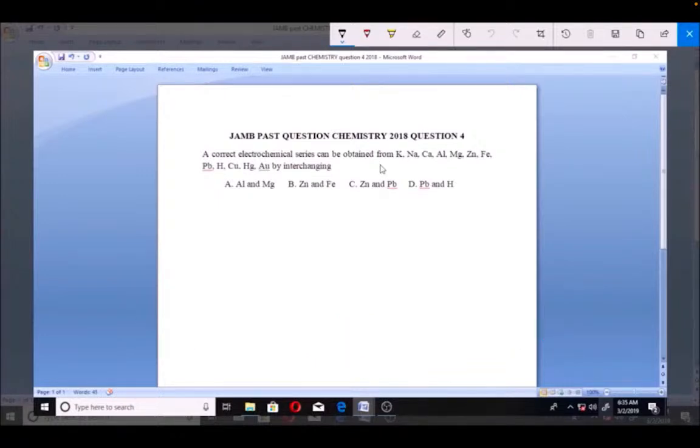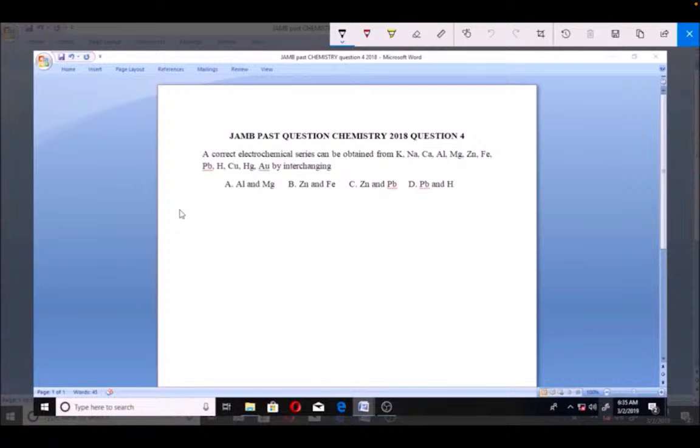Now, if you look at the electronic configuration of these various elements, which actually determines their arrangement in the electrochemical series, you will find out that aluminium comes before potassium, and then magnesium comes before aluminium. So now, let me write the right arrangement that we are supposed to have for the electrochemical series.